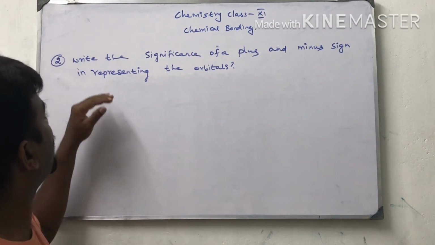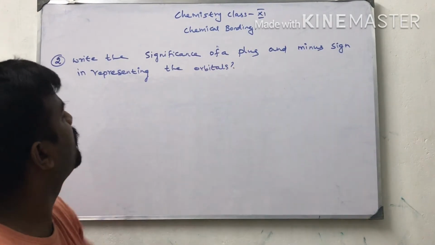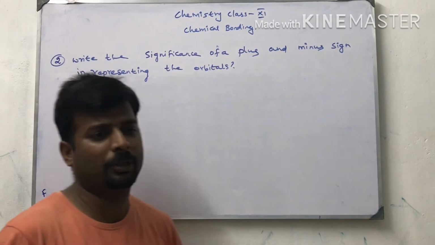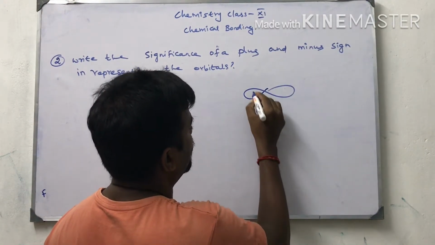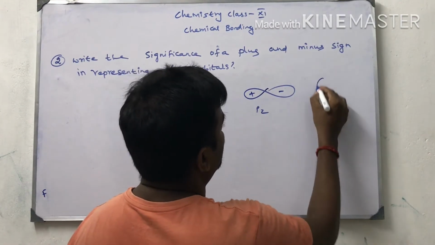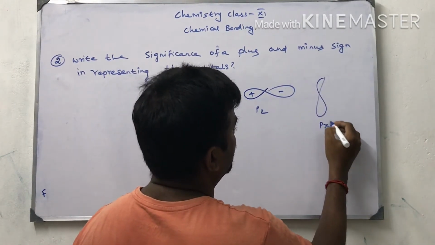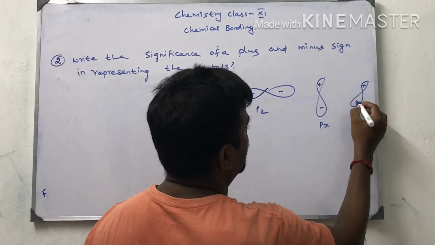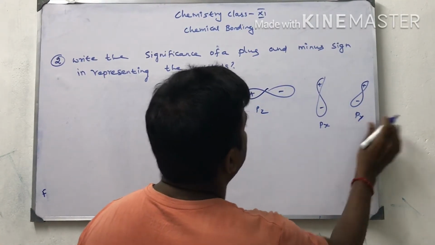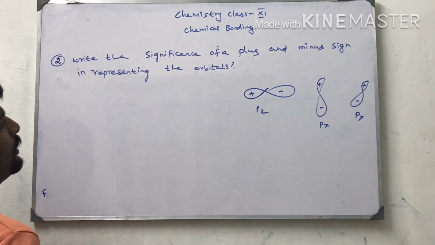Next question: write the significance of plus and minus sign in representing the orbitals. While writing the orbitals, this is Pz, plus and minus, and like this Px, plus and minus. This is Py, plus and minus. They are asking what is the significance of this.